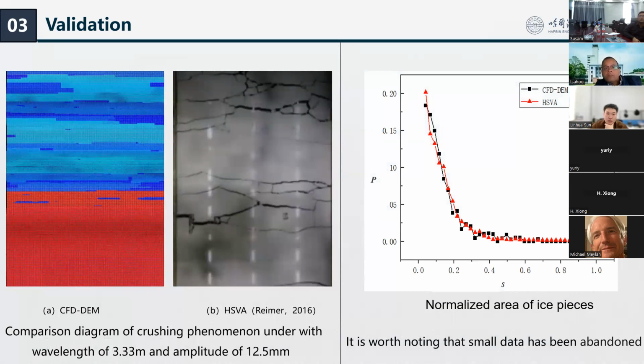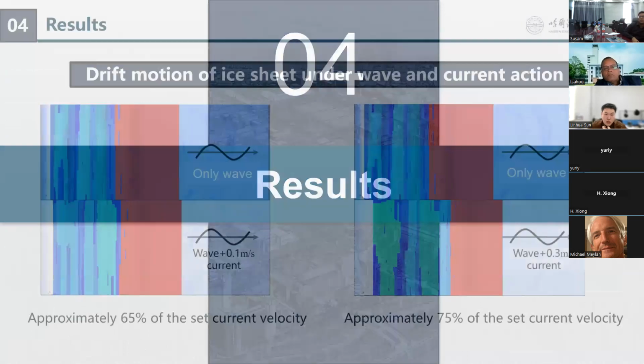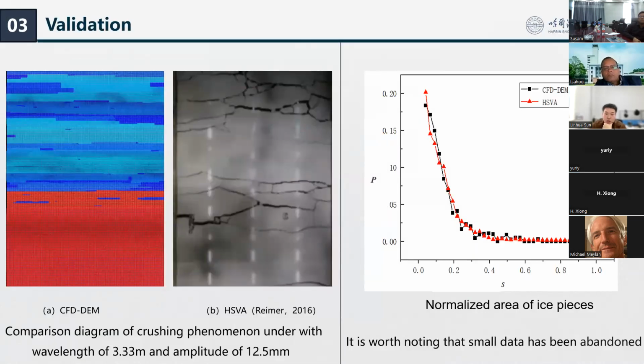This is the validation, and it is worth noting that the small data has been abandoned, because the HSVA test camera has limited resolution and was unable to catch some particularly small ice floes. So I abandoned some small data.